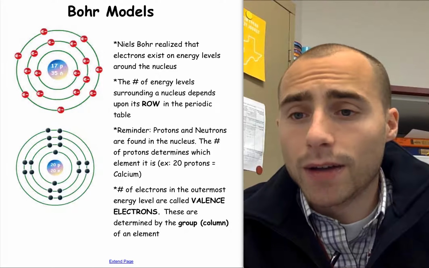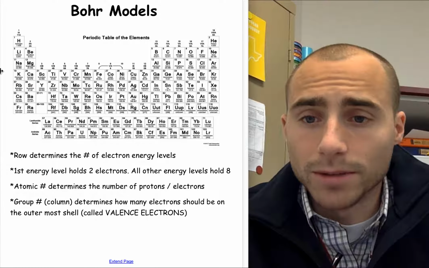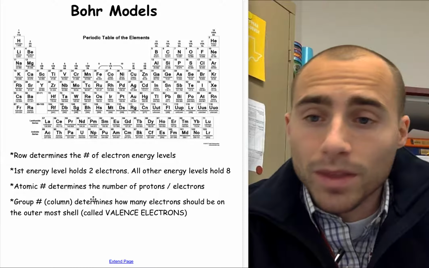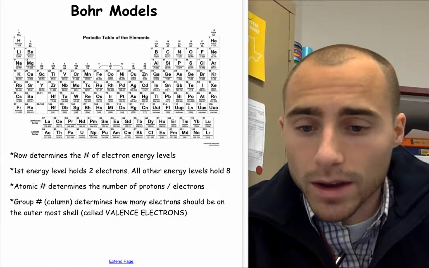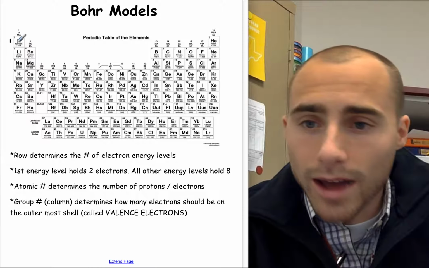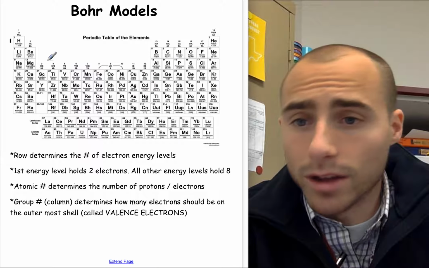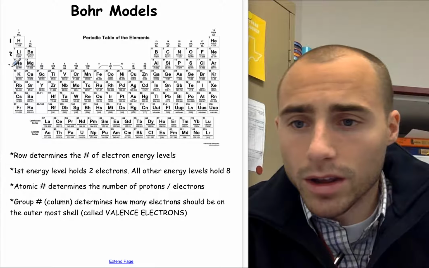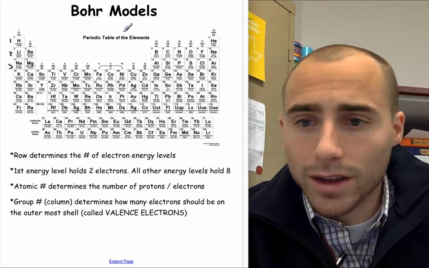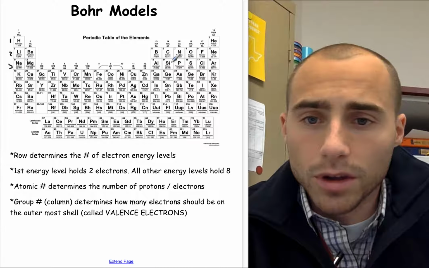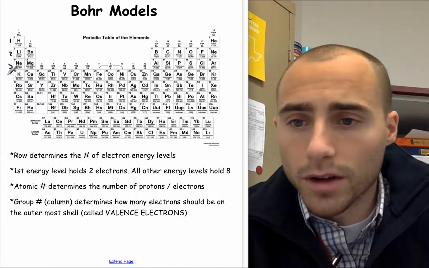So let's see how we know how many electrons to put around each ring. The row determines the number of electron energy levels. That means, if we take out my nice pen right here, this is row 1. Hydrogen and helium are the only two elements in row 1. Then we have row 2, row 3, etc., and they extend all the way across. So row 2 goes all the way across, row 3 all the way across, row 4 all the way across.